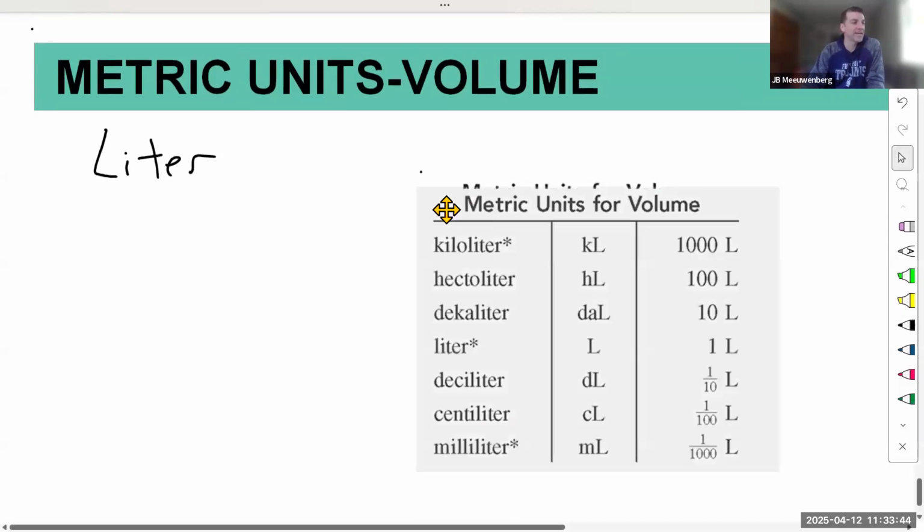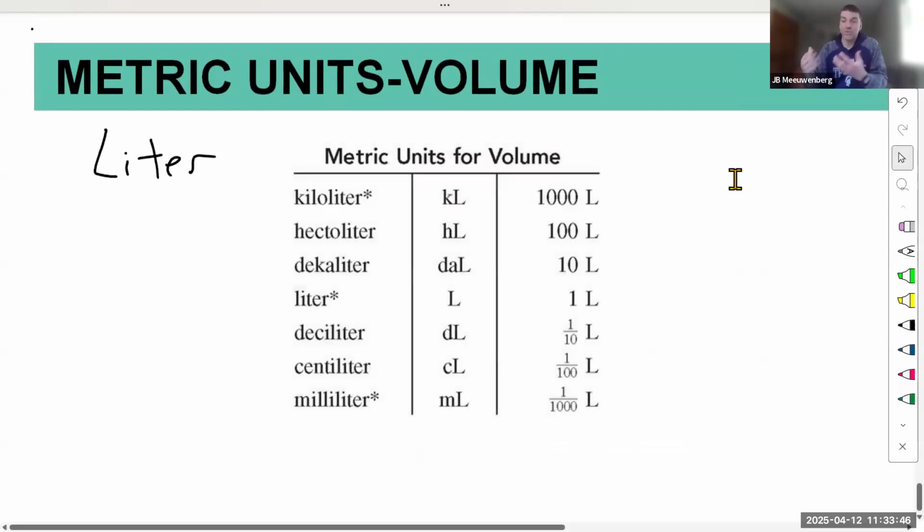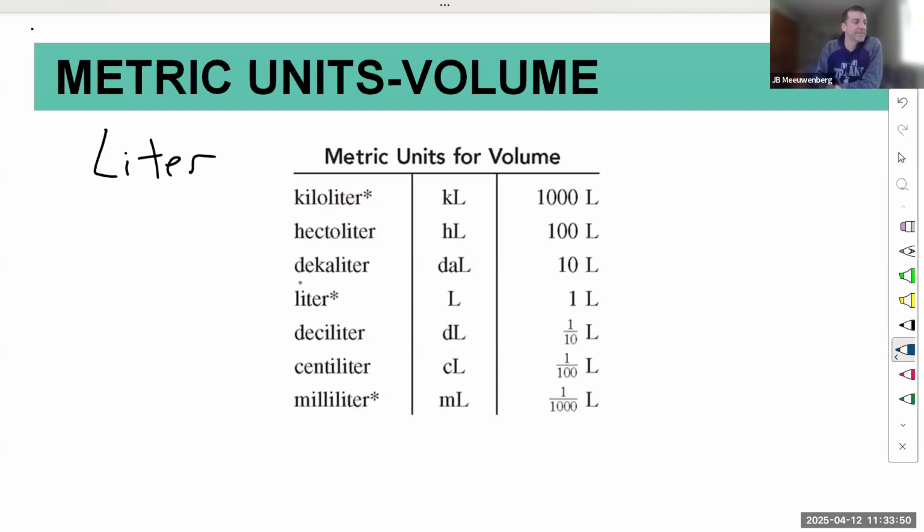Now, just like I said, metric units for volume just apply the different prefixes. If our main unit is in the middle there, we put deca to mean 10 liters, hecto to mean 100, kilo to mean 1,000, deci to mean 1/10 of a liter, centi to mean 100th, and milli to mean 1,000th.